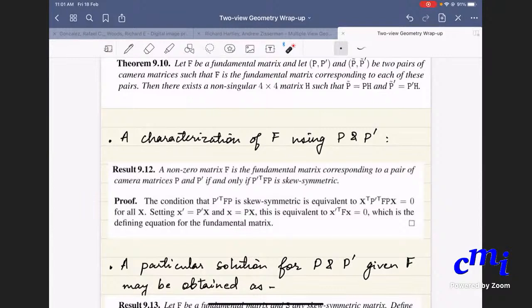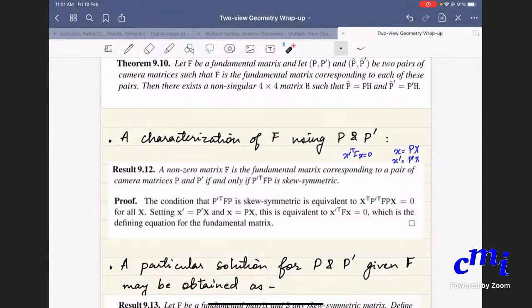So if we know that small x is P capital X for a world point X, and small x prime is P prime capital X, then this is the image point pair, and we already know that x prime transpose F x is 0 for every such image pair. Now substituting in place of x prime and x, we get capital X transpose P prime transpose F P X is 0 for all capital X's.